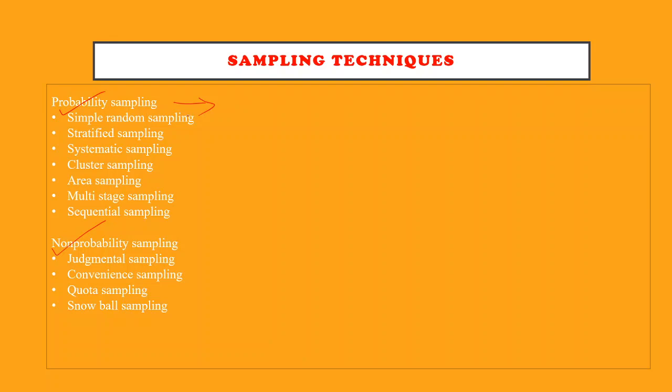And here you have simple random sampling, stratified sampling, systematic sampling, cluster sampling, area sampling, multistage sampling, then sequential sampling. And coming to non-probability sampling, there is judgmental, convenience, quota and snowball sampling. We will see all these types of sampling in detail.